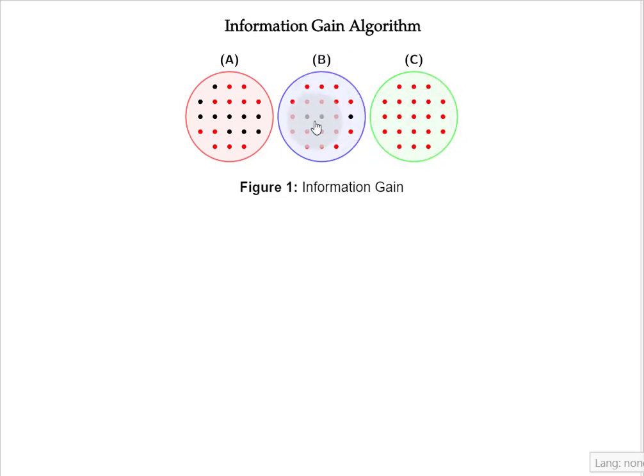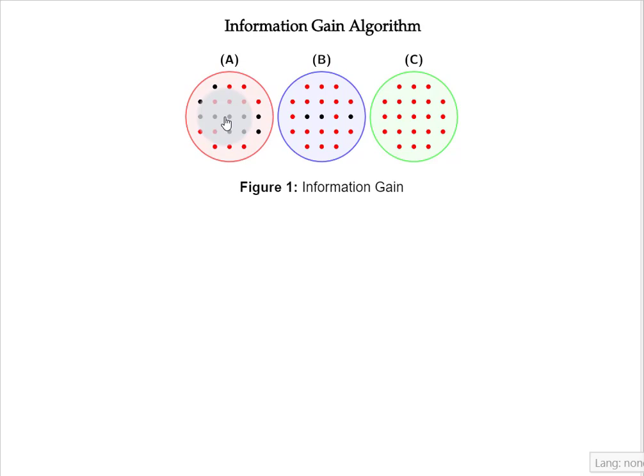Diagram B has a mixture of red dots and black dots, but the percentage of red dots is more compared to the black dots, and diagram A has more mix. So we need very little information to explain diagram C. B requires more information compared to C, but less than A, and A requires the most information to explain.